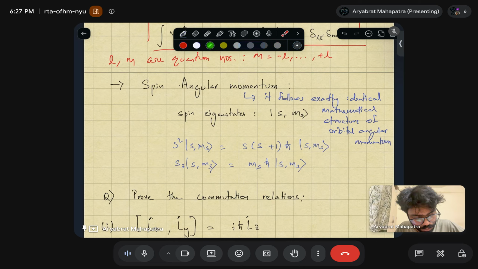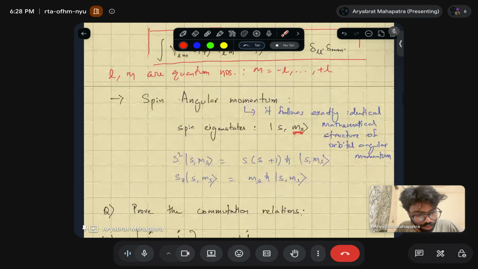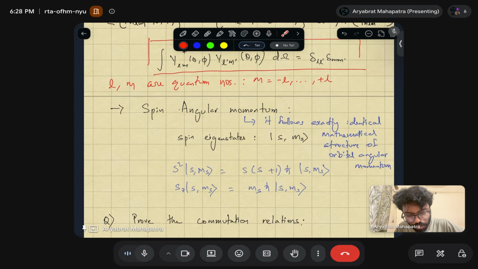Again here, if we write the spin states by S and ms, just like how we had L and ML, in the same way we can write the eigenstates. Before that, as we have talked about the algebra, here also the algebra of spin angular momentum will be given in the same way.